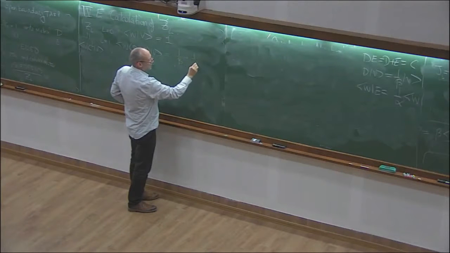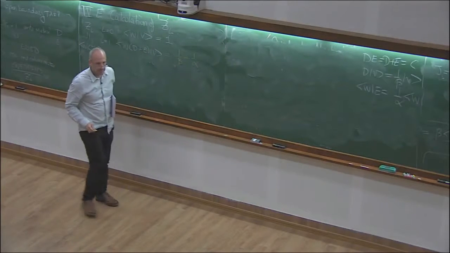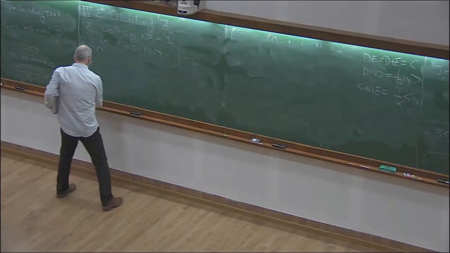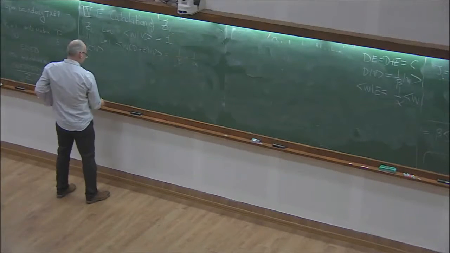So it's 1 over beta plus 1 over alpha, and that's assuming WV is 1, which I can do without loss of generality.